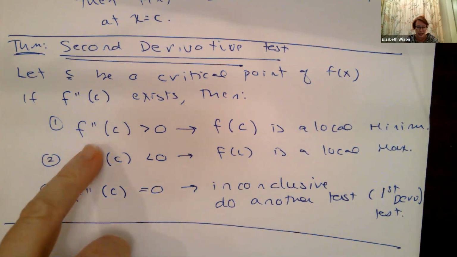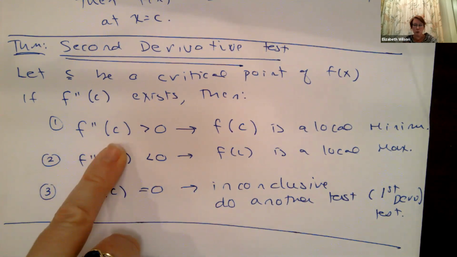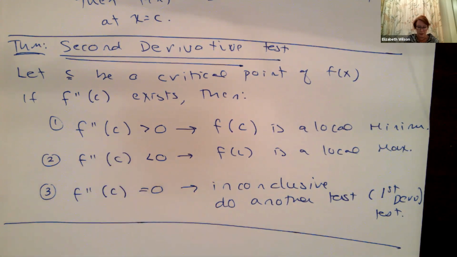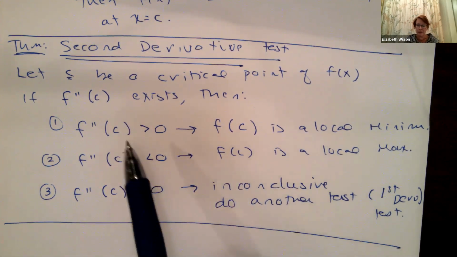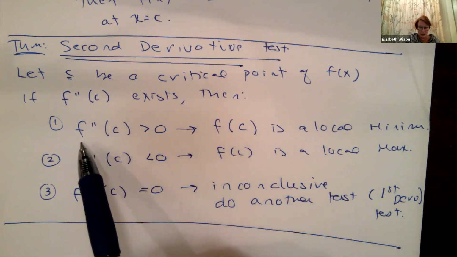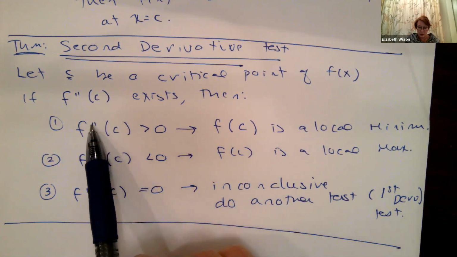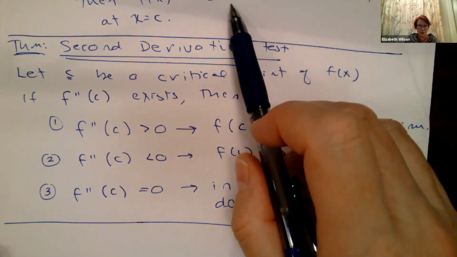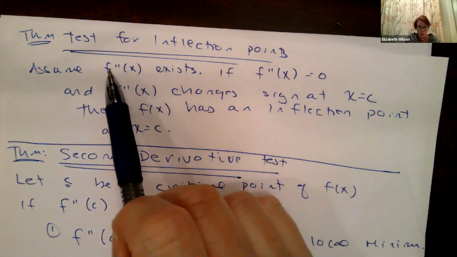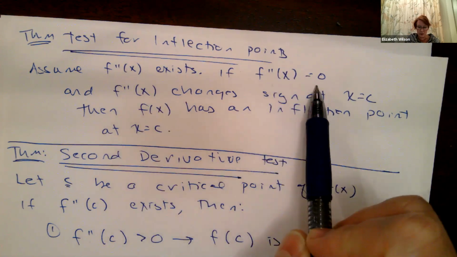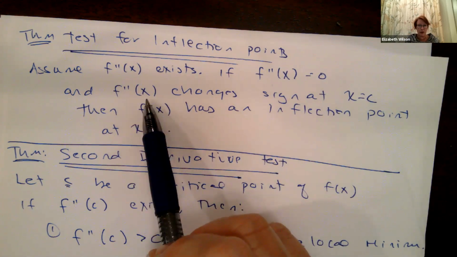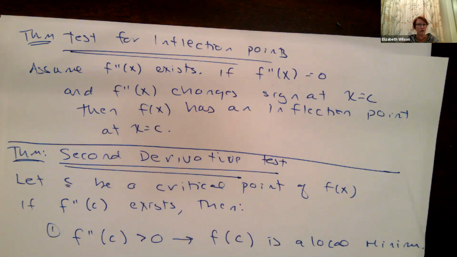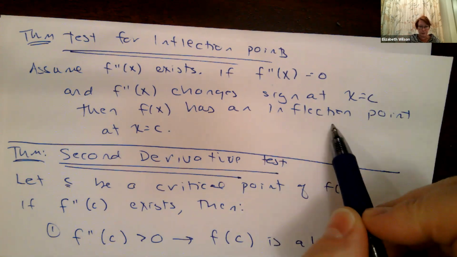I take my x value that gives me where my second derivative is equal to 0, and then we have to take a look at whether our second derivative changes sign on either side of that point. If it does, then we're looking at an inflection point.